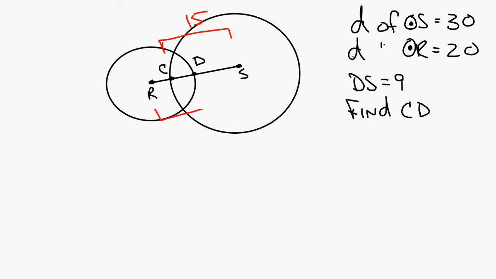And if D to S is 9, you're finding C to D, this portion. Does everybody see that? If it's 15 from S to C and 9 from S to D, how far is it from C to D? 15 minus 9 is 6.